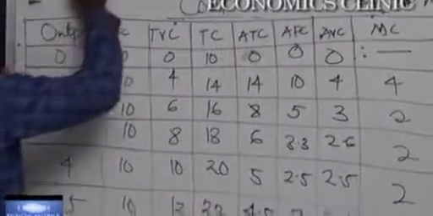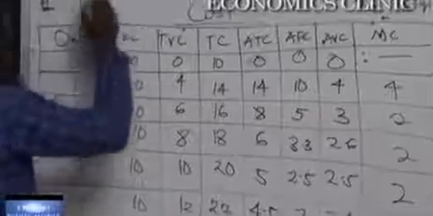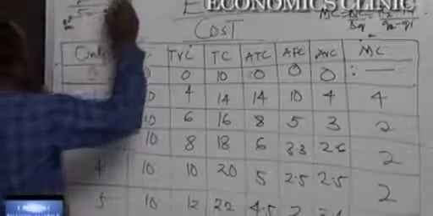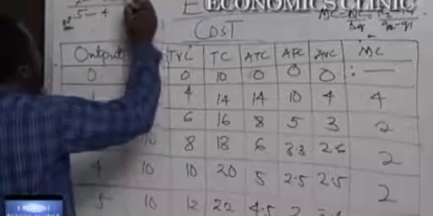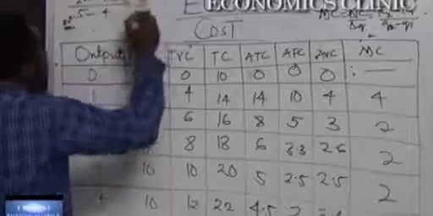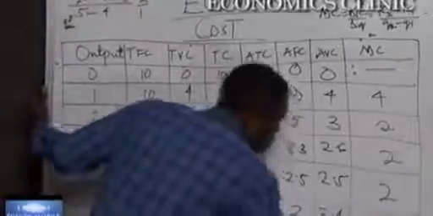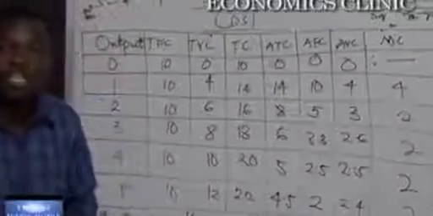Total cost 6 here, which is 22 minus total cost 5, which is 20, divided by quantity 6 minus quantity 5, which is 5 minus 4. So we have 22 minus 20 is 2 over 1. So we have 2 also. So with this, we've been able to solve questions on the table.